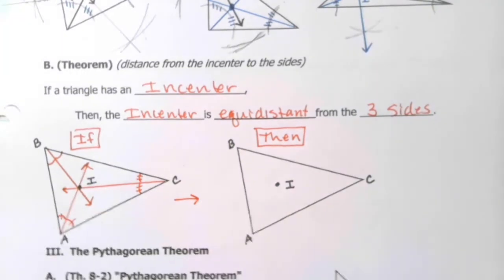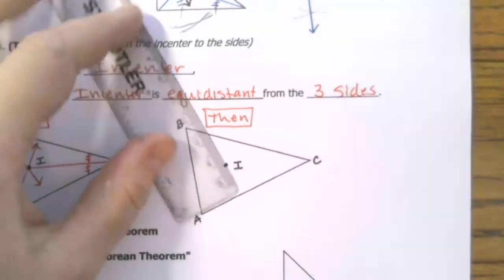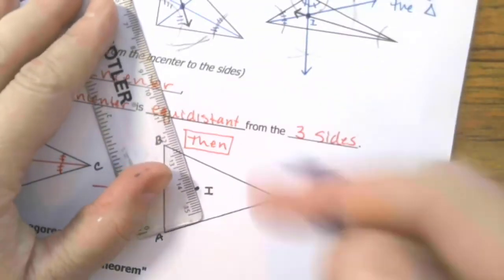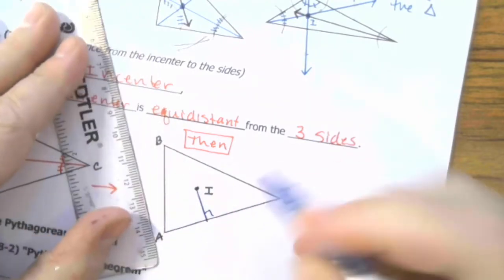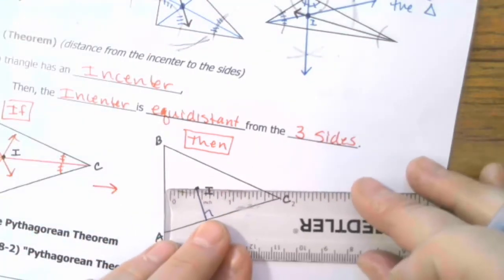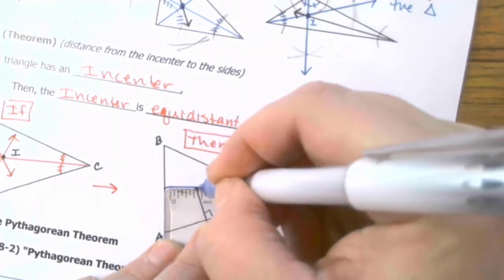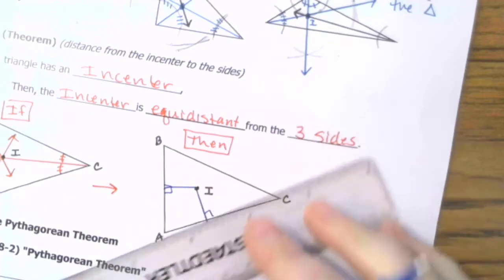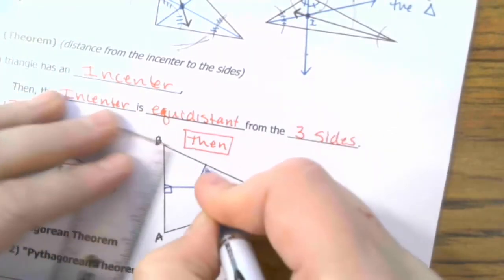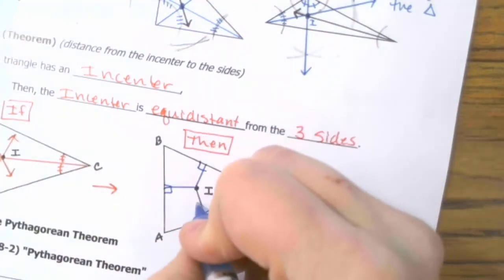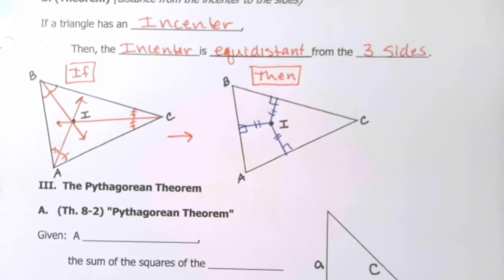If we draw the distance from the incenter to the side, remember, distance is always perpendicular. So if I draw a perpendicular distance to each of the three sides, you can see that each of those distances are the same. So this one, this one, and this one are all the same.